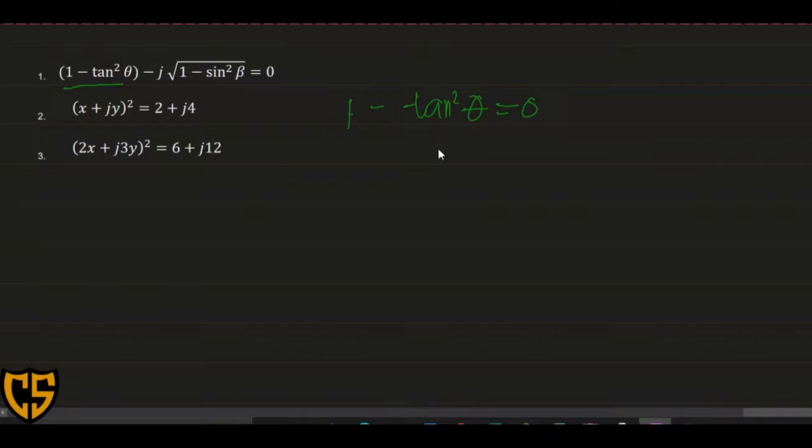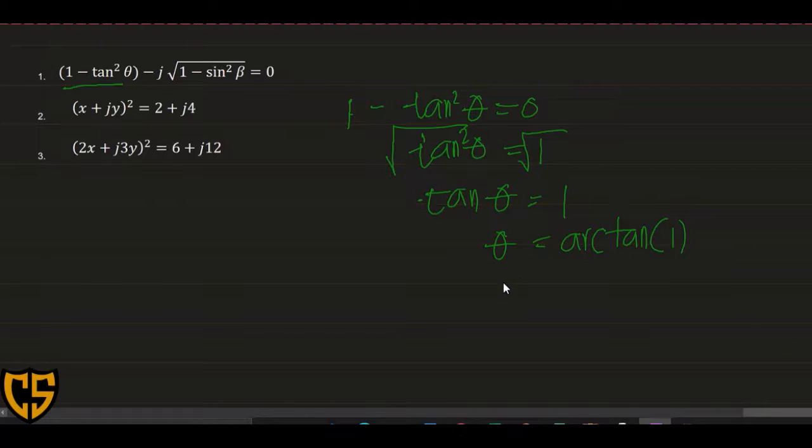If we manipulate this equation, this will be equal to tangent squared theta is equal to 1. If we take the square root of both sides of the equation, tangent theta will be equal to 1. Then, to find the value of theta, this will be equivalent to the arctangent of 1.